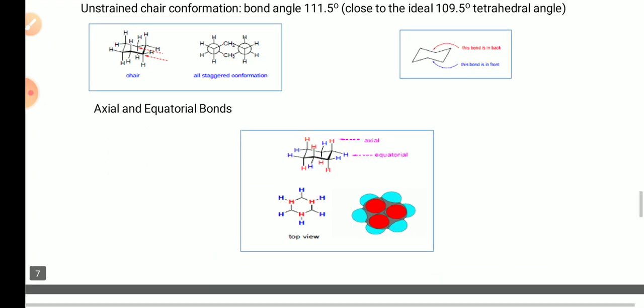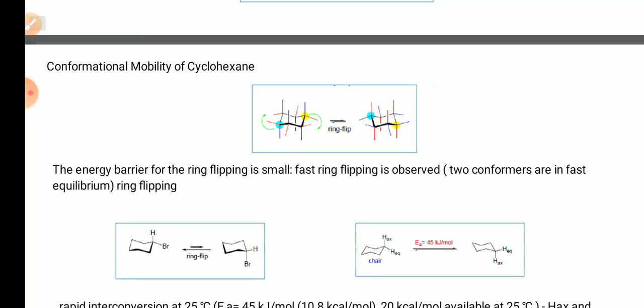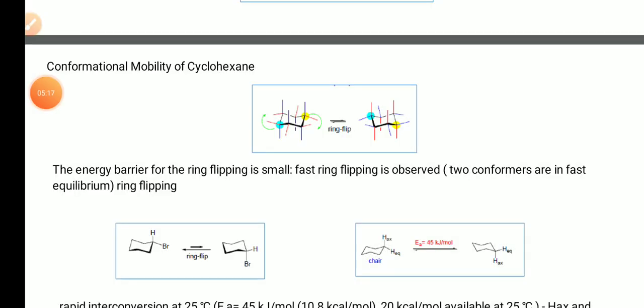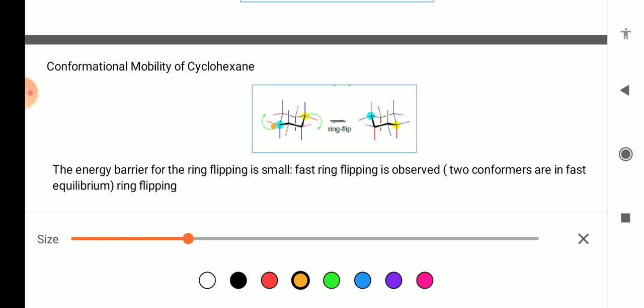Let me go to the conformation mobility of cyclohexanes. When this carbon rotates in the direction, it will flip just opposite to the ring.